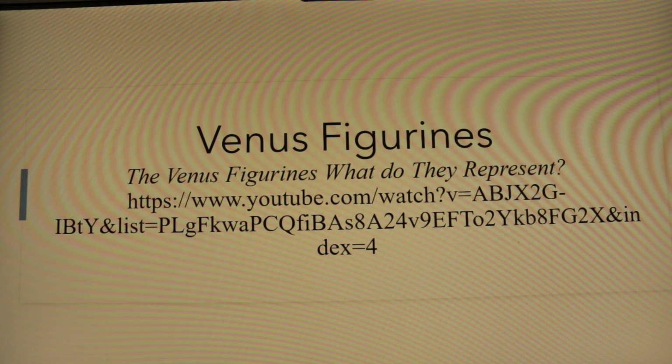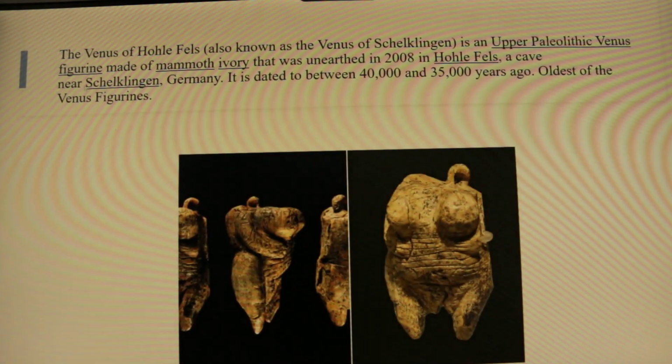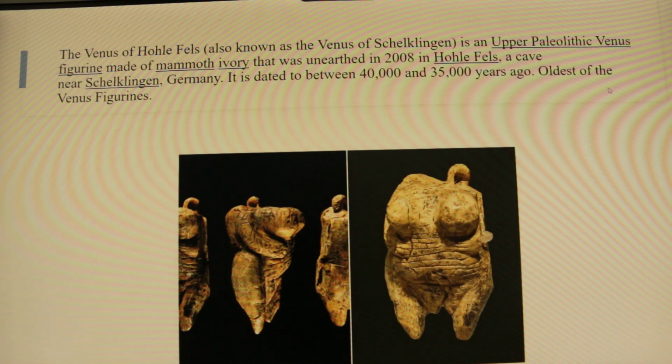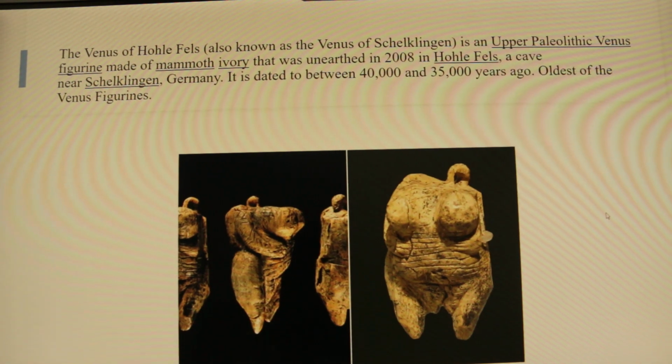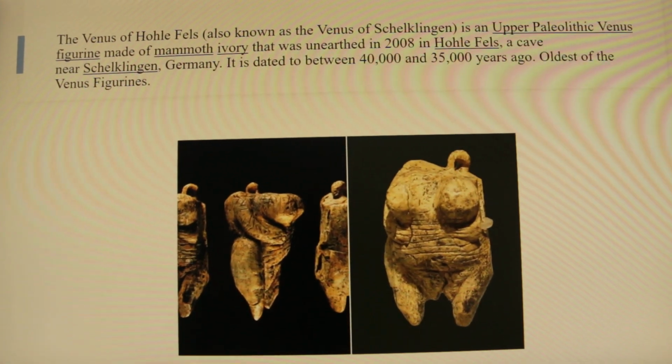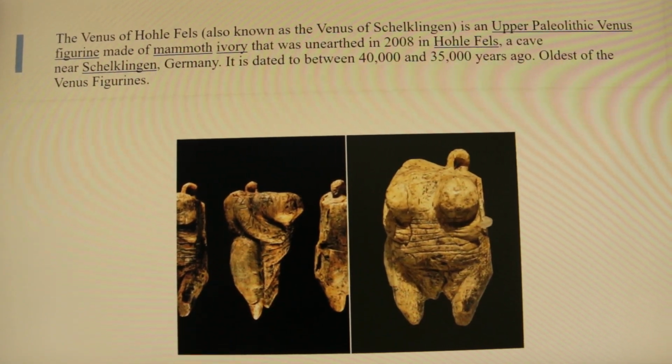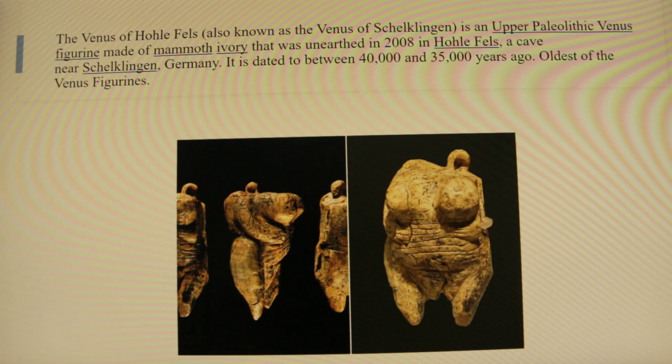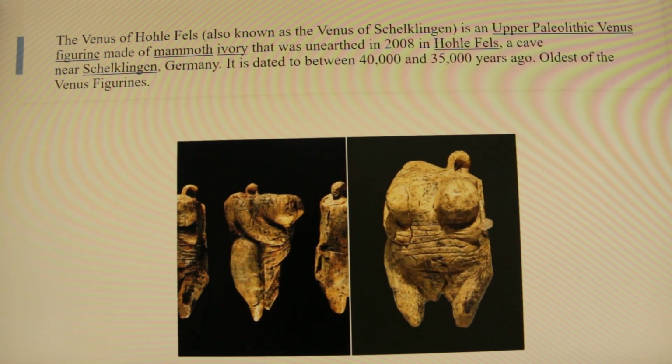It's hard to really date stuff in this period, so a lot of times I'm going to show you kind of about dates, but we do know that this is the oldest of the Venus figurines, and she is the Venus of Hohle Fels. Let me just tilt the camera a little bit. The Venus of Hohle Fels, called that because that's where she was found.